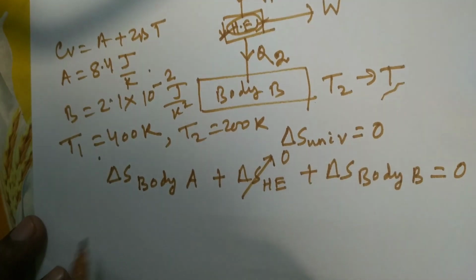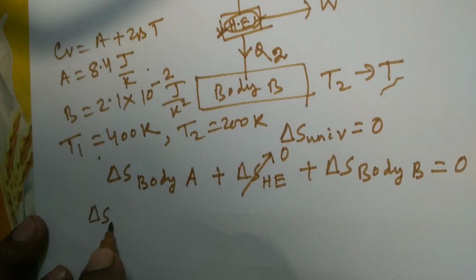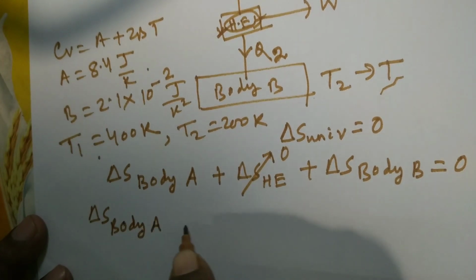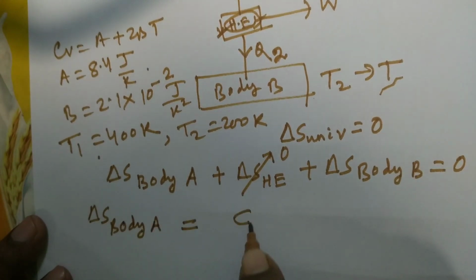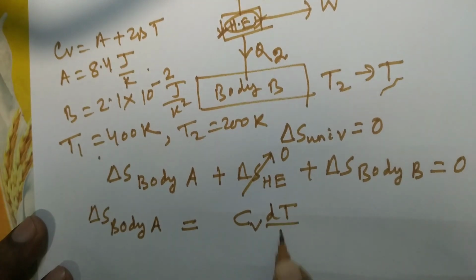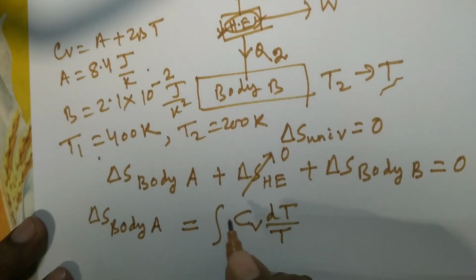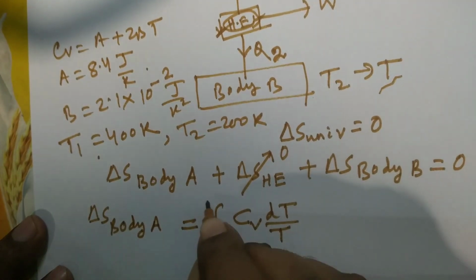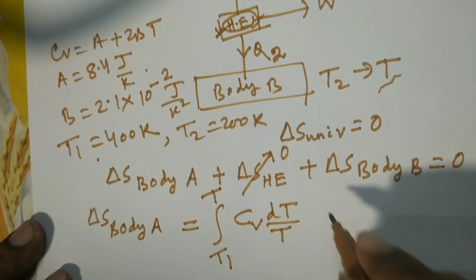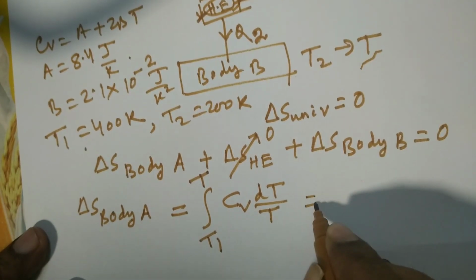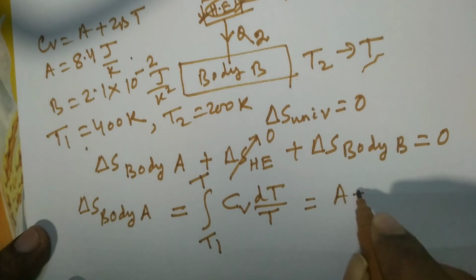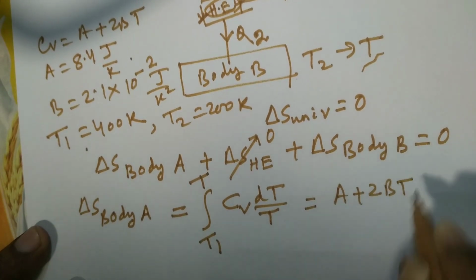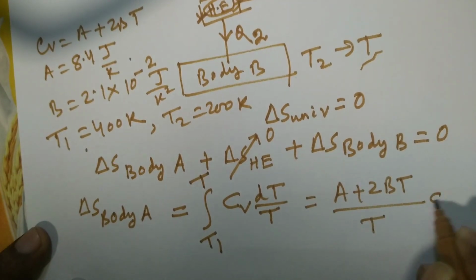You see delta S of body A is equal to Cv dT upon T, with initial temperature T1 and final temperature T. So this is equal to the integral of (A plus 2Bt) by T dt.